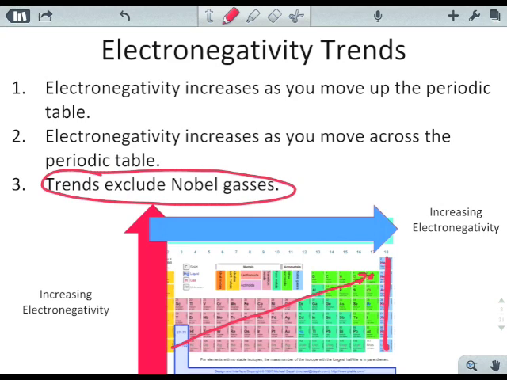So they're excluded from electronegativity. I would also put here that electronegativity is within a chemical bond. You've got to have it within a chemical bond, and that's the context we use it in. So the element has to be bonded to something else.